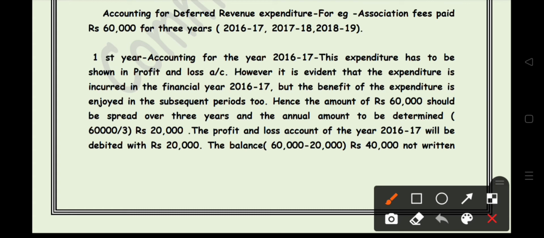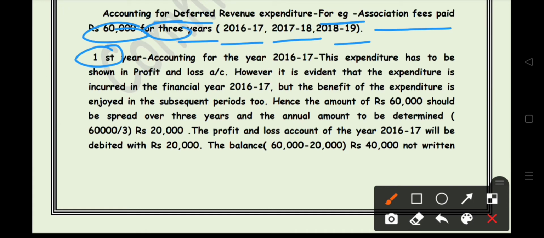Okay, the accounting for the deferred revenue expenditure. For example, association fees paid rupees 60,000 for 3 years, that is 2016-17, 17-18 and 18-19. So in the first accounting year, the expenditure has to be shown in the profit and loss account.